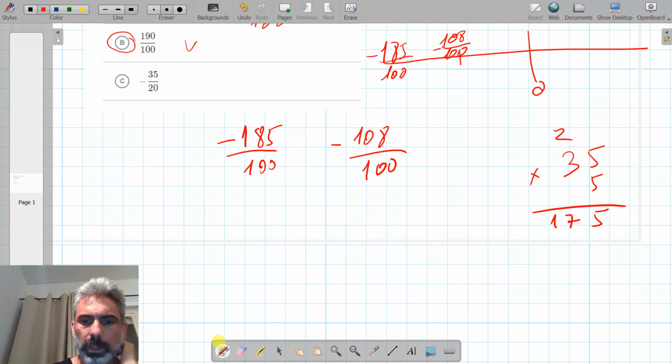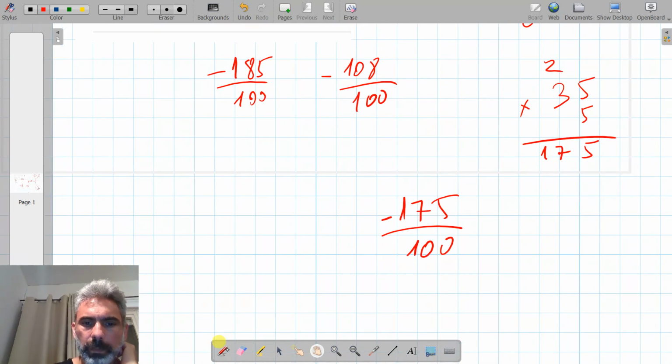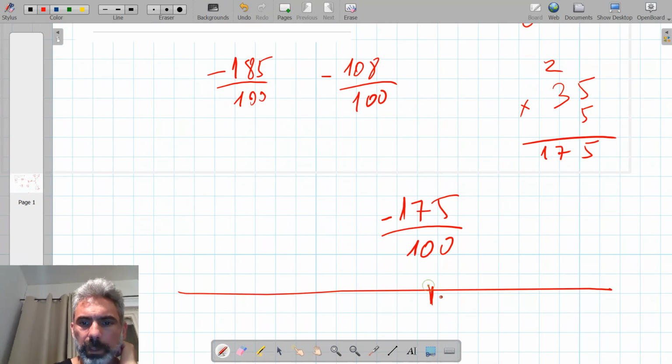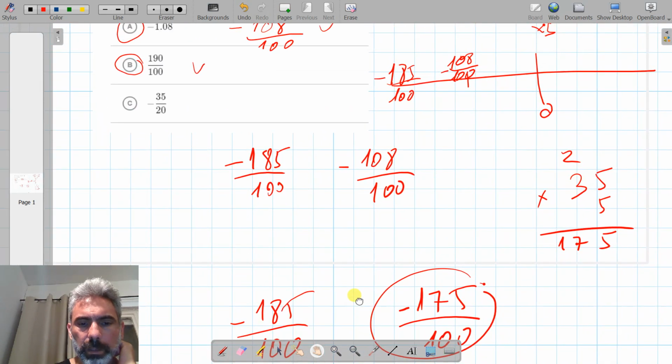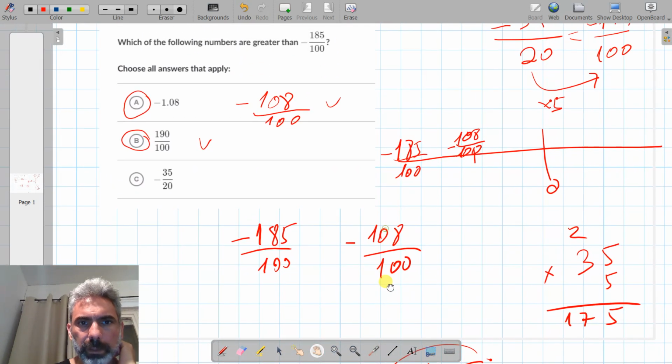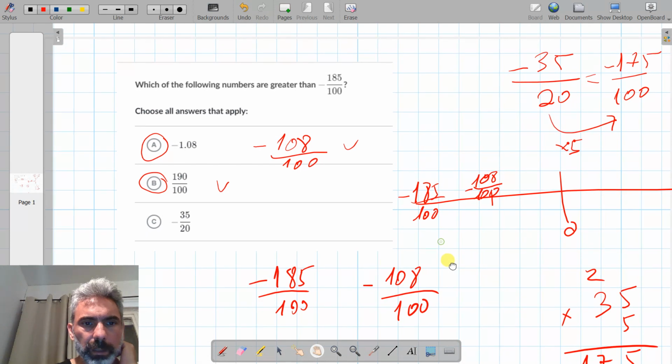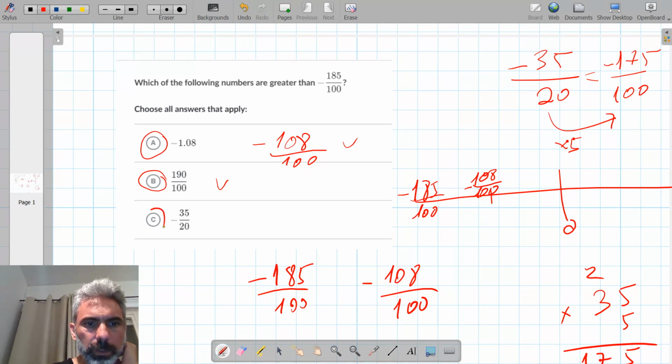So minus 175 hundredths on the number line is here, and minus 185 hundredths is to the left. So minus 175 hundredths is greater than minus 185 hundredths. So C is also correct.